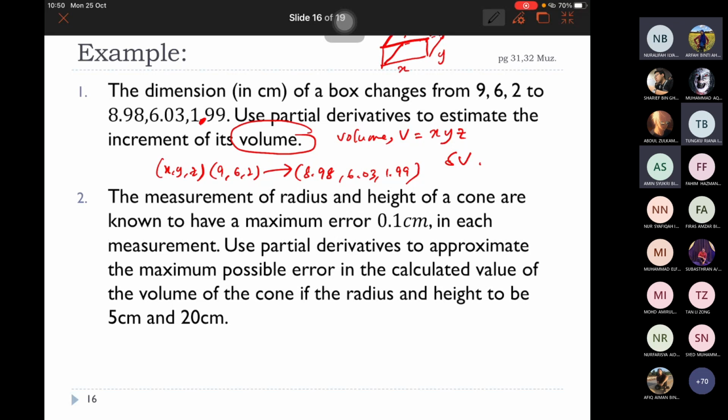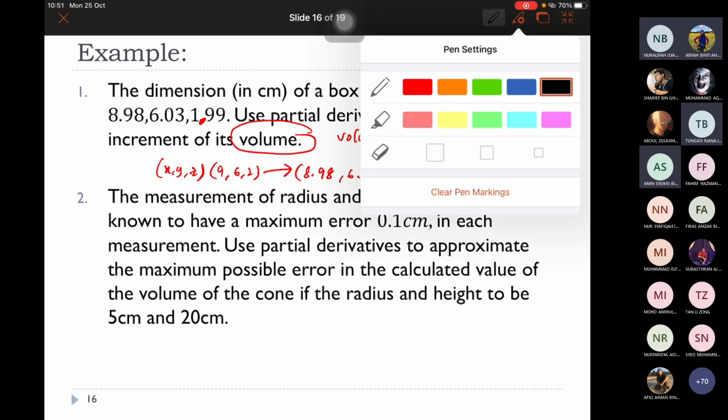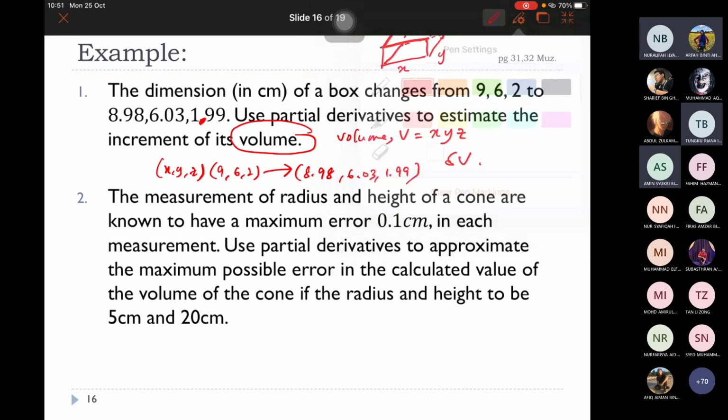Use partial derivative to approximate the maximum possible error in the calculated value of the volume of the cone, with the radius and height being 5 cm and 20 cm. From the question, extract the information given: volume and cone.